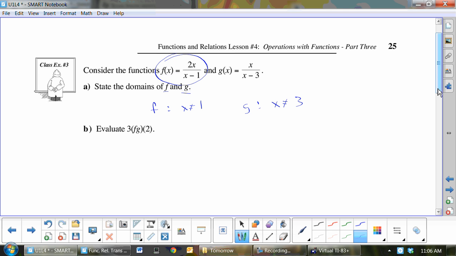So what this means is 3 square bracket, 2 times 2 over 2 minus 1 times, and I'm going to use just the dot so people don't get mixed up with x's and times, 2 over 2 minus 3.